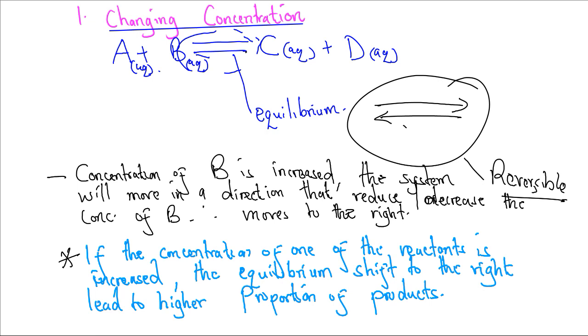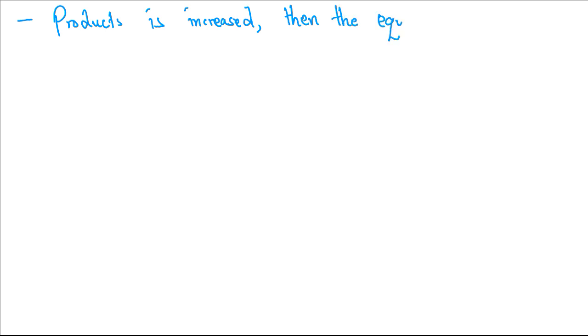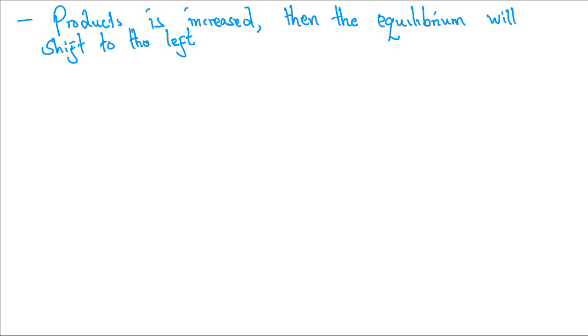But when the concentration of one of the products is increased, then the equilibrium will shift to the left hand side, leading to more of the reactants.